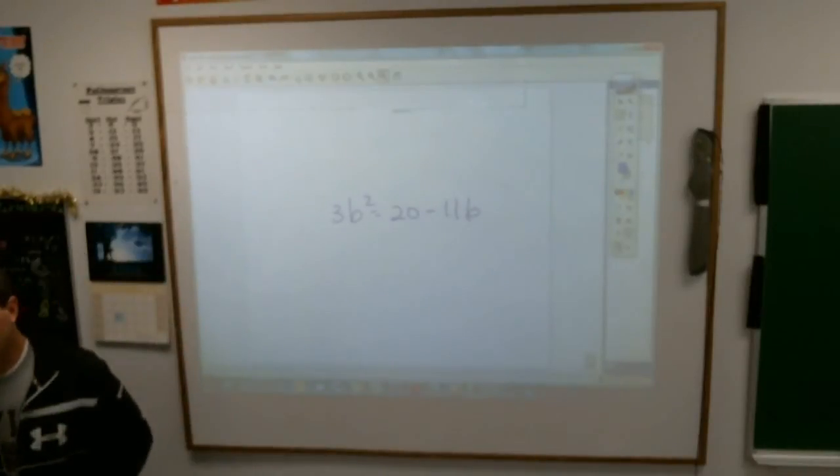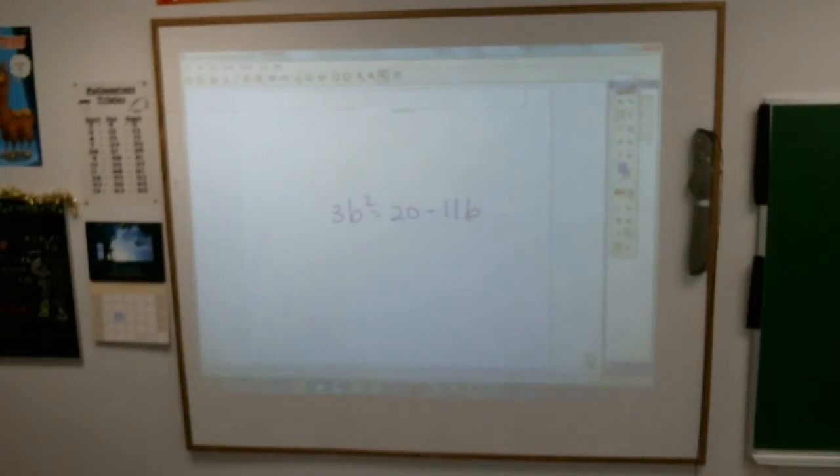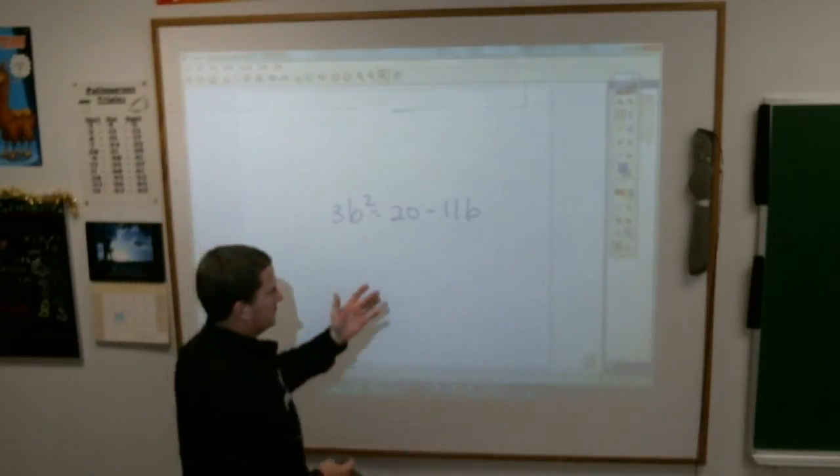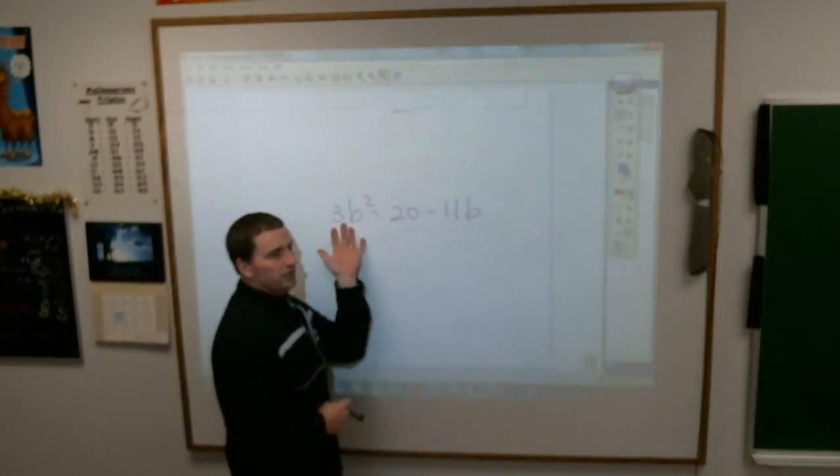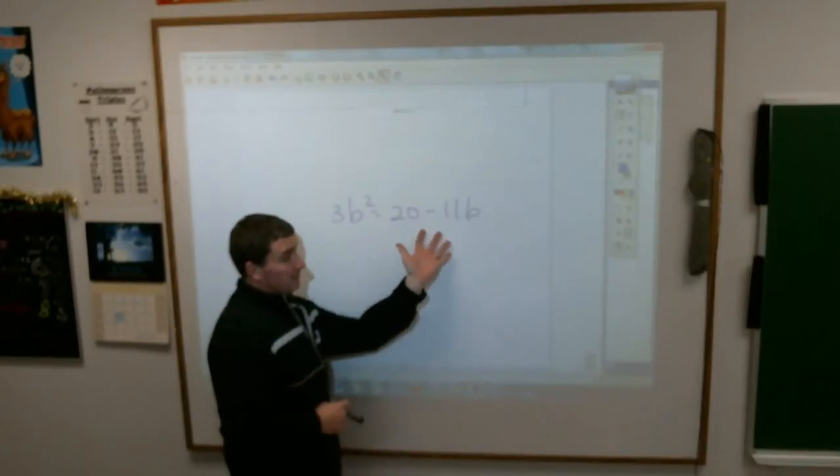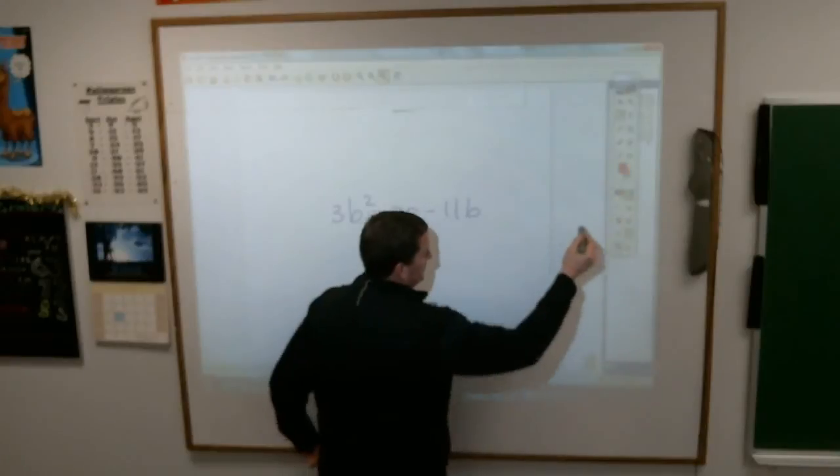You'll notice that looks a touch bit different because it doesn't have 0 at the end. But you are your own little boss here, and you can fix that by just moving these two terms over here, and then there'll be 0 left on that side. So you just need to do this.